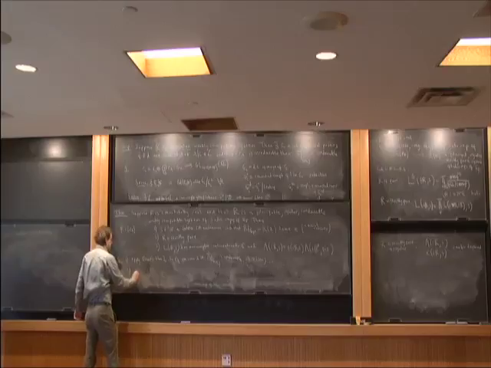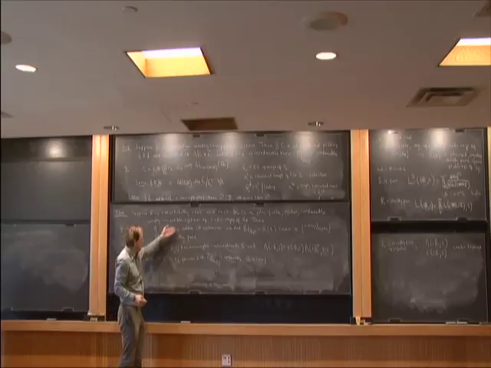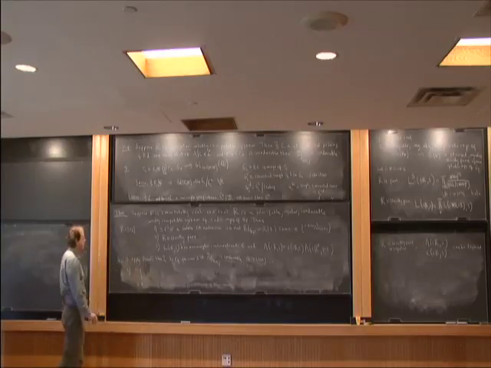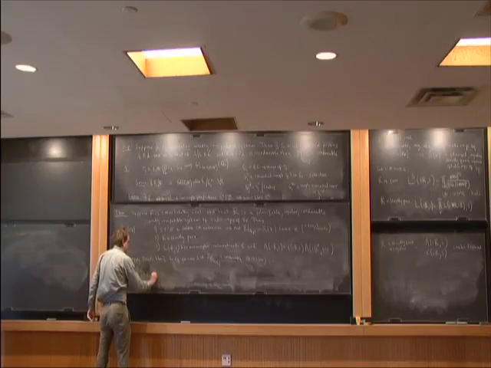For this thing, I have f primed over f. This is a local condition, so I'm going to try and check it at some prime v. I get some prime w above v. I can look at the fixed field of the decomposition group at w.